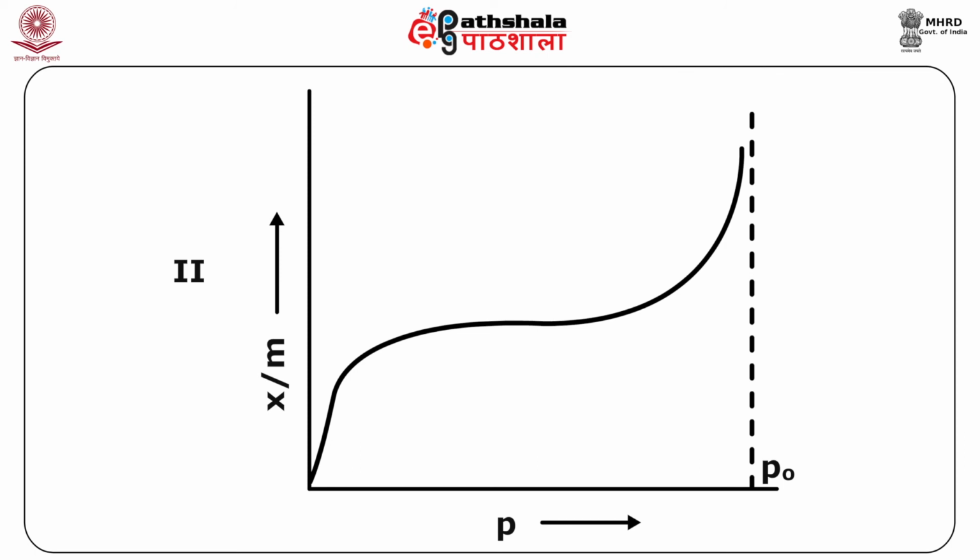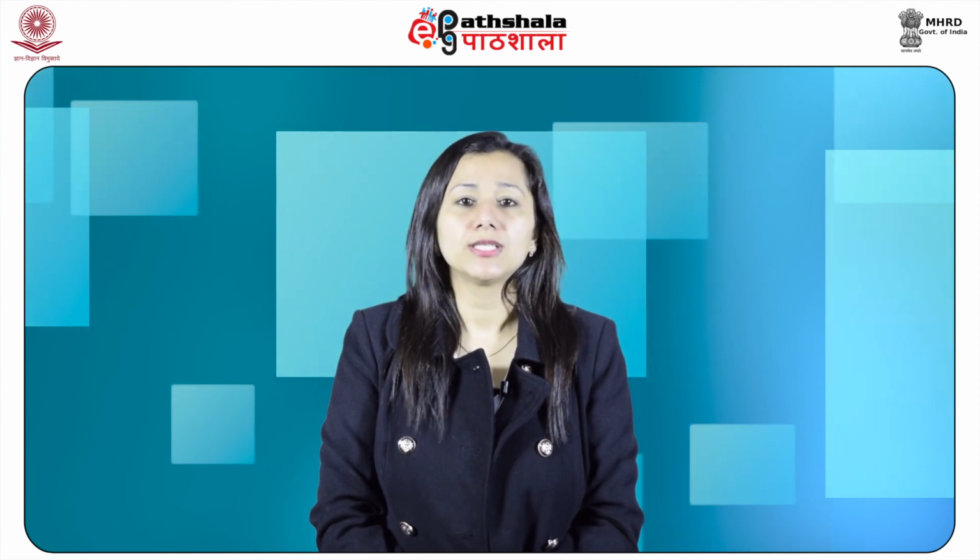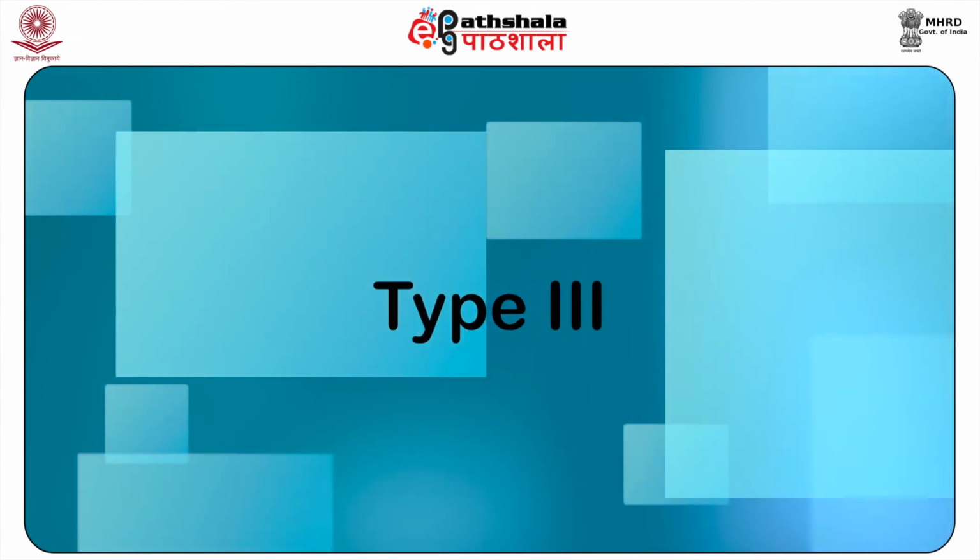Adsorbate molecules in the preceding layer attract and hold on to the gas molecules in the next layer. For example, adsorption of nitrogen gas on iron or platinum catalyst at -195 degrees Celsius, adsorption of nitrogen on silica gel at -195 degrees Celsius, etc. show type 2 behavior. Type 3 adsorption isotherm.